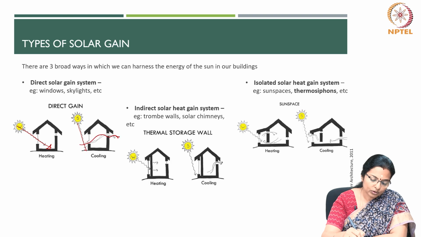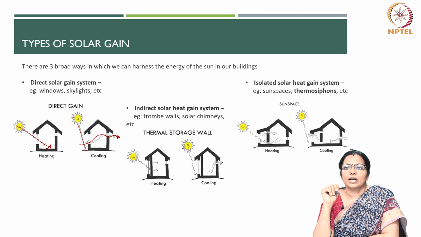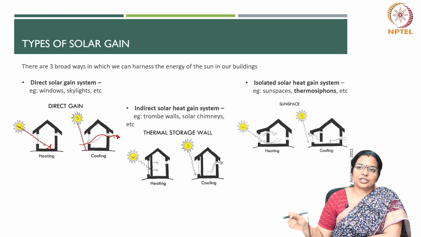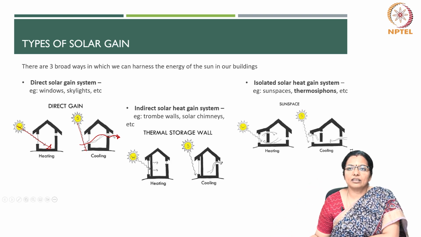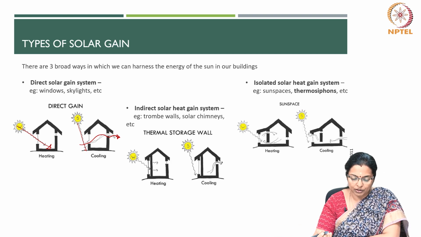Or, a dense construction material such as the wall or roof is heated by an indirect solar gain system, which transfers the heat through the materials into the inside of the structure.